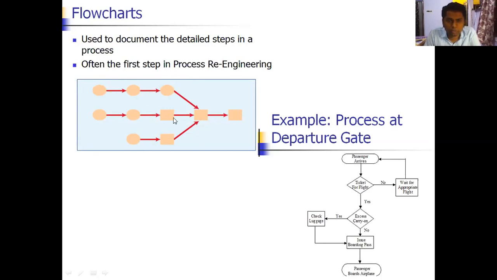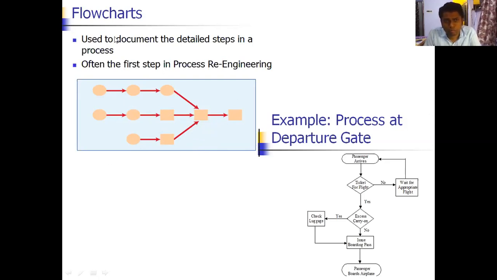the sequence of the process flow, and you can understand which particular task is to be done before or after which event. That you can understand from your process flow chart.